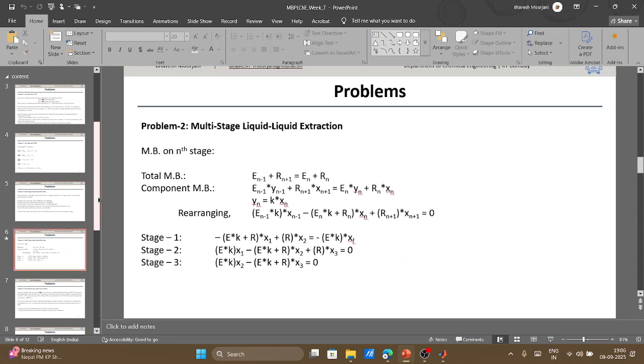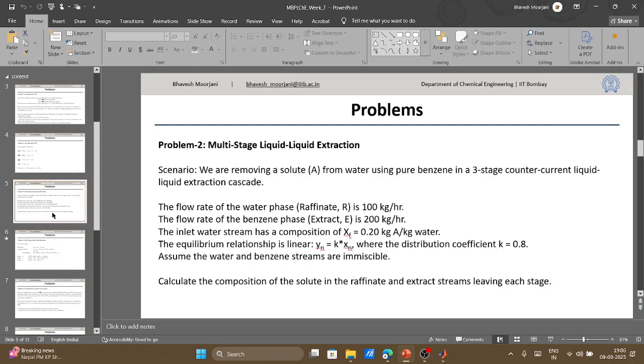en minus 1. So benzene I should refer here as solvent, so it should come in R, and this.